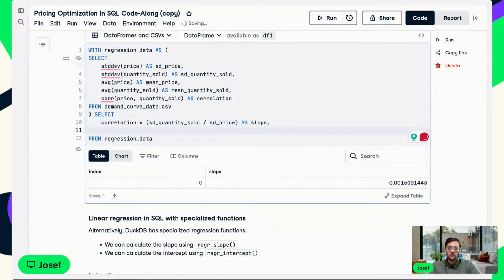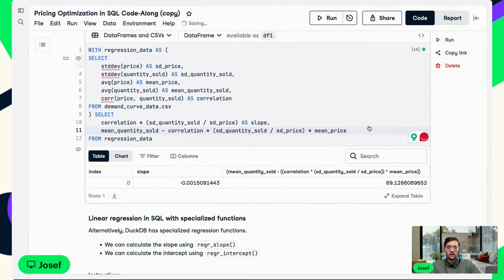And the intercept is the mean of quantity sold minus the slope times the mean of price. Voila. And I did not give that an alias, but let's call that intercept.